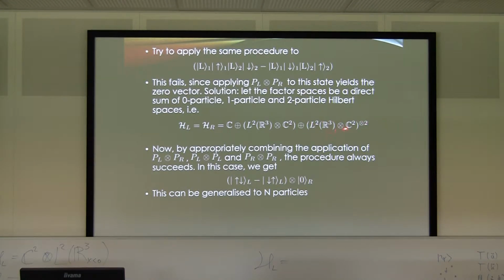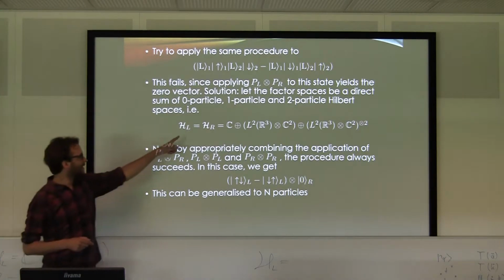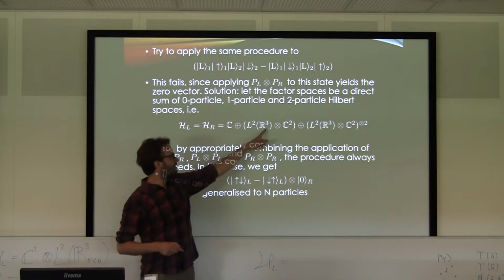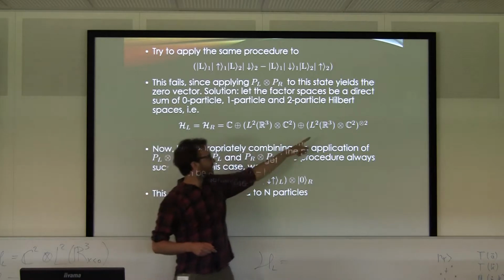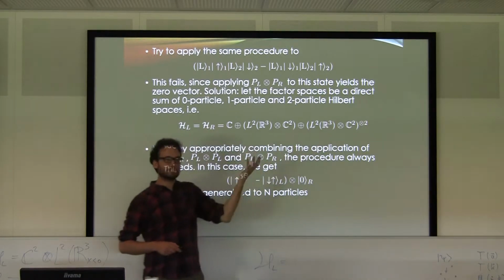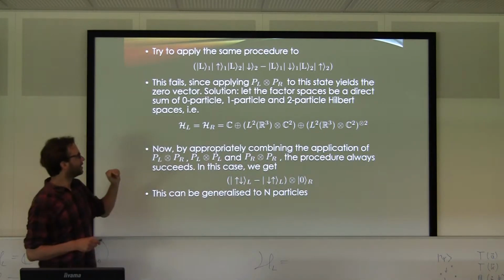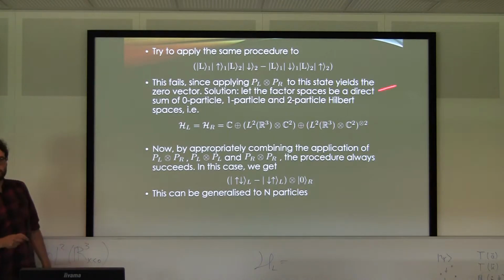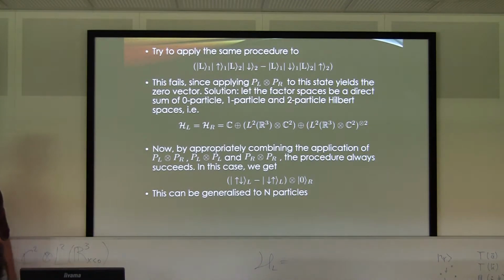Two things I forgot here: for the left one, I want x less than 0, and for the right one, I want x greater than or equal to 0. Also, on the two-particle state, you can of course take the antisymmetric sector, because for two fermions the state needs to be antisymmetric.